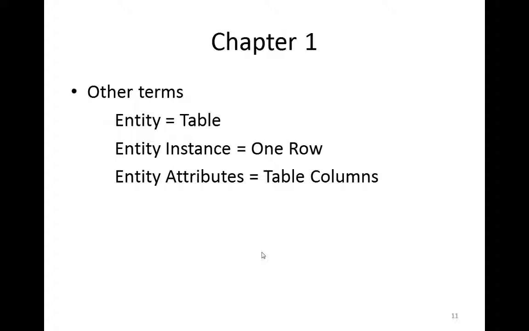And then entity attributes are actually the columns within that table. So a row, an entity instance, equals a specific object. An attribute equals a piece of data about that object that we're looking for.